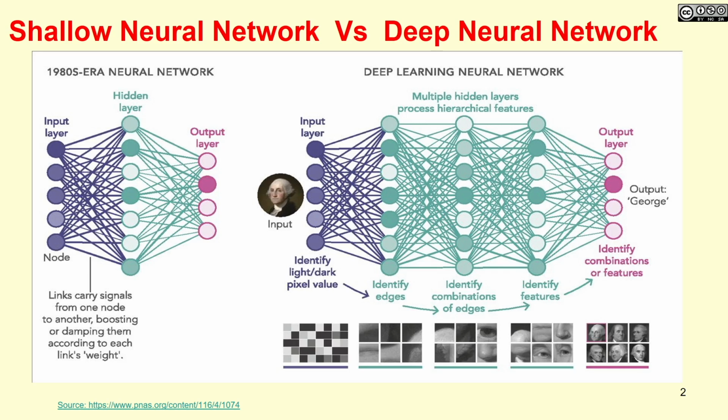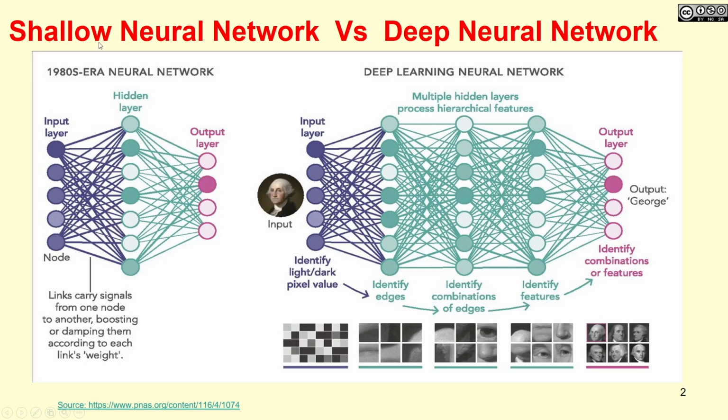So, if you look at the title of this slide, it is shallow neural network versus deep neural network. You could wonder, so far we have not seen a title called shallow neural network, so what is it? In order to have a better understanding of the deep neural network, we are giving a title called shallow neural network.